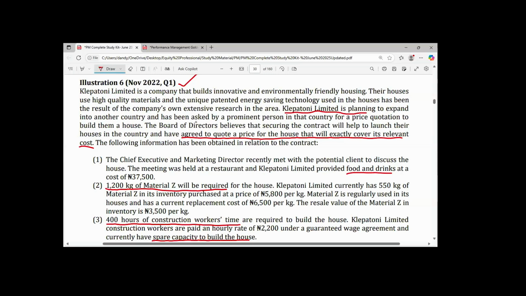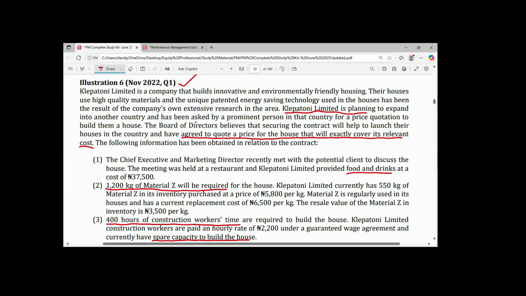The board of directors believes that securing the contract will help to launch houses in the country and has agreed to quote a price for the house that will exactly cover its relevant cost. So that's a key point. This company, Klepatoni Limited, wants to quote a price that will exactly cover its relevant cost. What that means is that Klepatoni wants to break even. It is not the intention of Klepatoni to make profit from this contract.